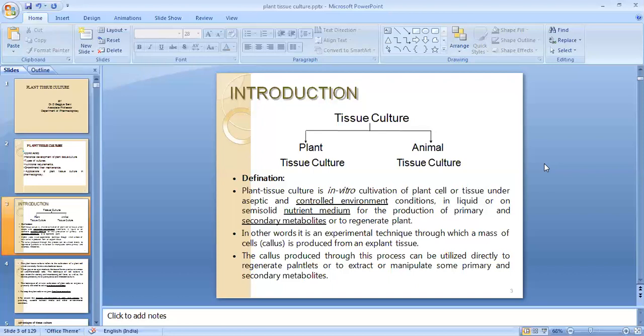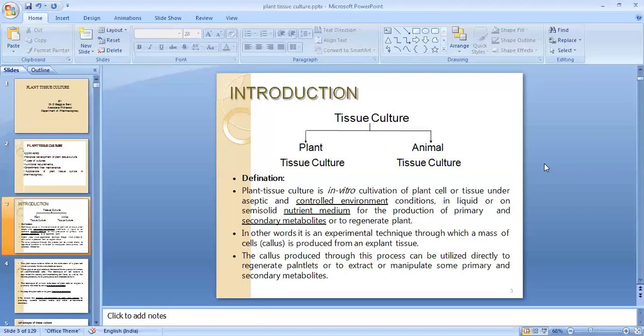That is crudely. And this tissue culture may be divided into two main areas, that is plant tissue culture or animal tissue culture. That means in plant tissue culture, the culture is obtained from the plants, and in case of animal tissue culture, from the animal cell. Here we are concerned about the plant tissue culture.